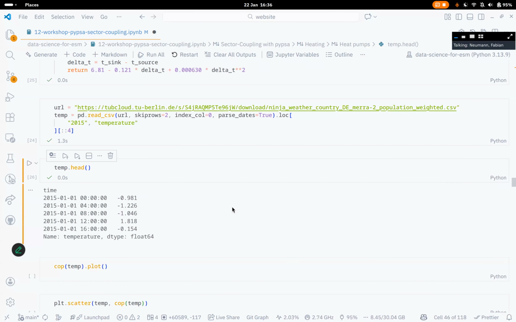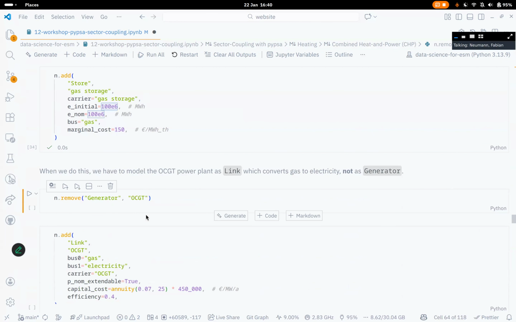And when we do that, we also need to change a little bit how we modeled the gas power plant that doesn't produce heat. So previously, 2 weeks ago, we had an OCGT power plant, which we just added as a generator. And we just added the fuel costs to the marginal cost of that generator. But now we actually have a gas bus.